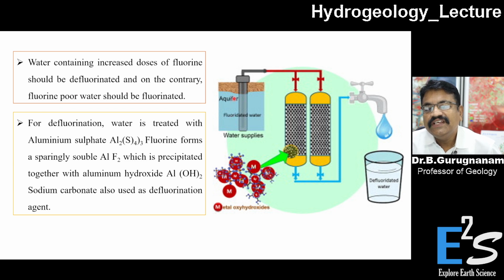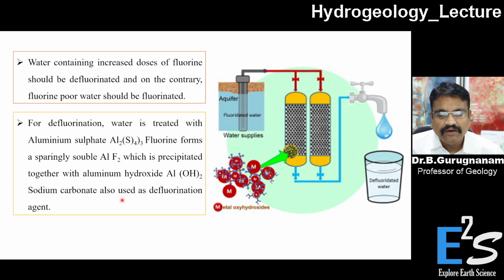Your aquifer is here, and then you take the water into a system and keep your metal oxyhydrates here. What will happen? The water will flow into this media, and the fluoride content of the water will interact with this media. For defluorination, water is treated with aluminum sulfate, Al2SO3. Fluorine forms a strongly soluble AlF2, which is precipitated together with aluminum hydroxide.